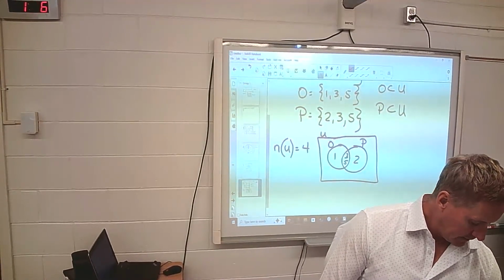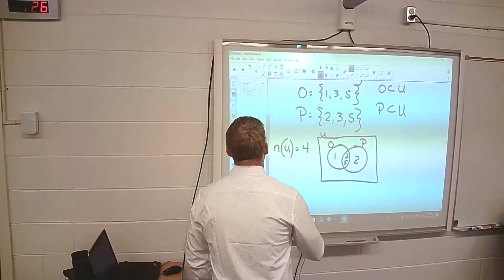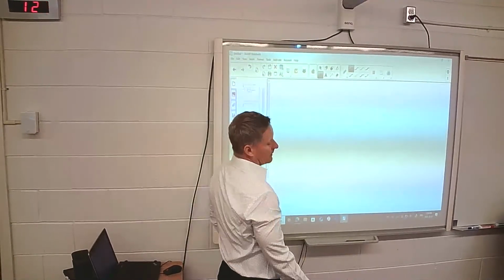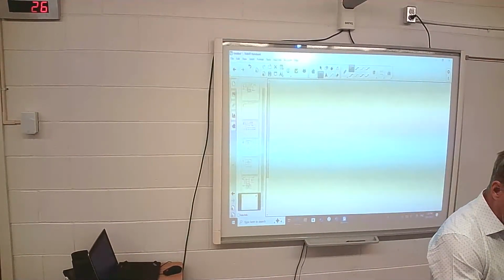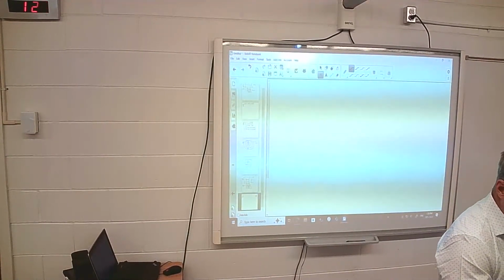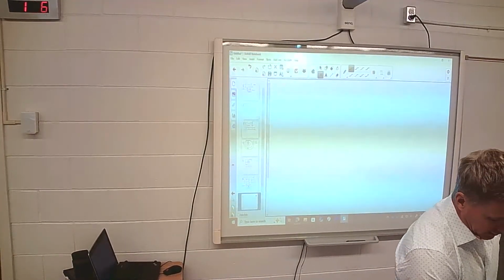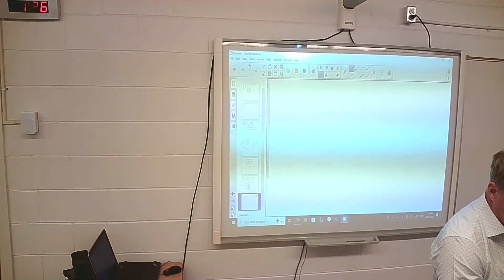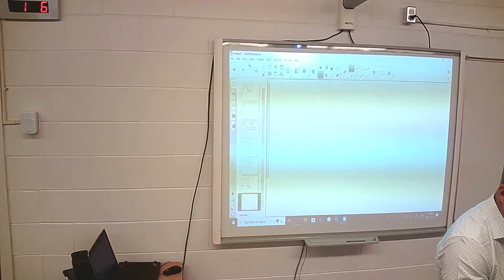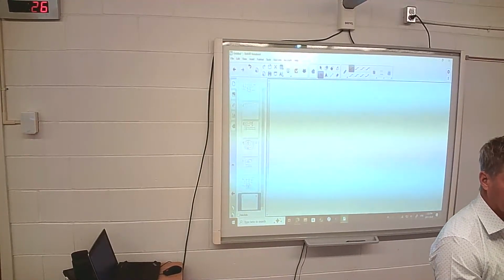Okay. I want to introduce to you page 66. I'll do this very briefly, and then I'll give you more explanation tomorrow. Sets that are not disjoint share common elements. When drawing or looking at a Venn diagram, keep the following in mind. Each region of the diagram represents something different. Each element in a universal set appears only once.